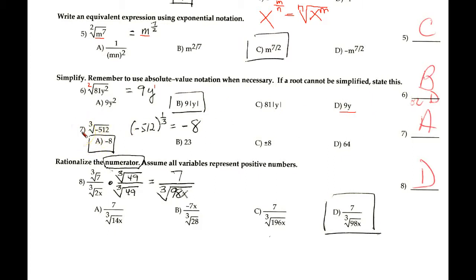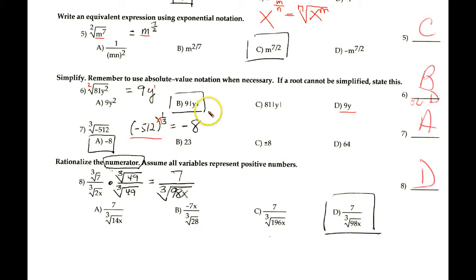All right, number 7. Now we have a negative under the radical sign, but since it's to the 3rd root, that's okay. Now how would you calculate that or put that in your calculator? Well, you'd put that in a parenthesis and then caret, and this is to the 1/3 power.